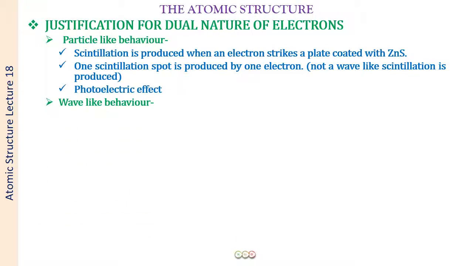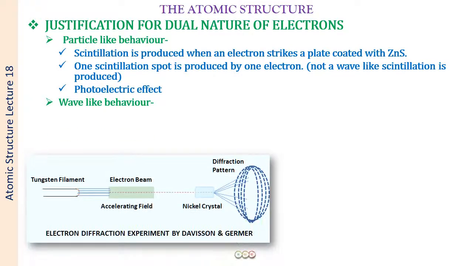But what about the wave-like nature? So this was proved by two scientists who did an electron diffraction experiment. In this experiment, they took a tungsten filament and heated it to a very high temperature so that an electron beam was produced.